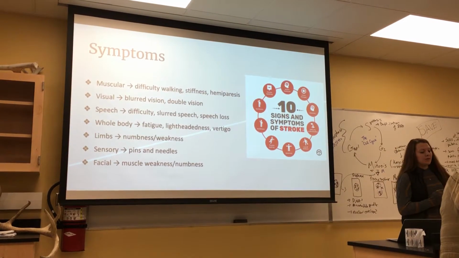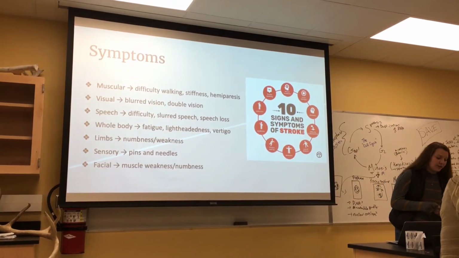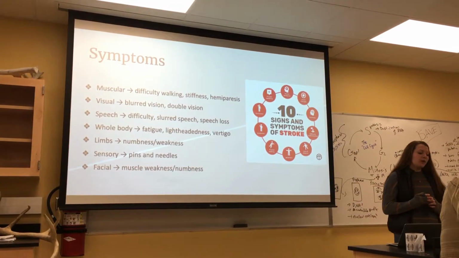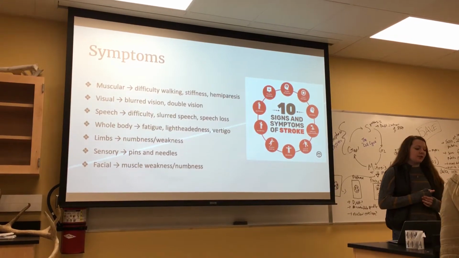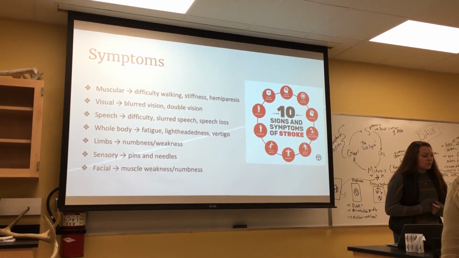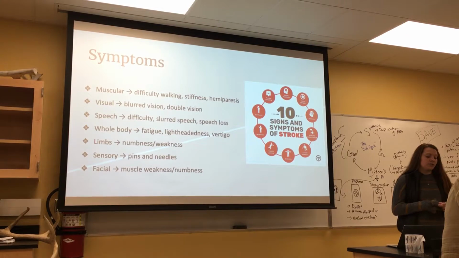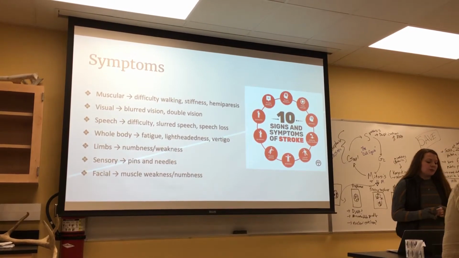Another common symptom includes abnormalities with speech, such as slurring of words or loss of speech altogether. Other symptoms that affect the whole body are fatigue, lightheadedness, and vertigo, which is like a spinning sensation or feeling dizzy. The individual may experience pain relating to that of pins and needles and a reduced sensation of touch. And then facially, their muscles become weak and numb.